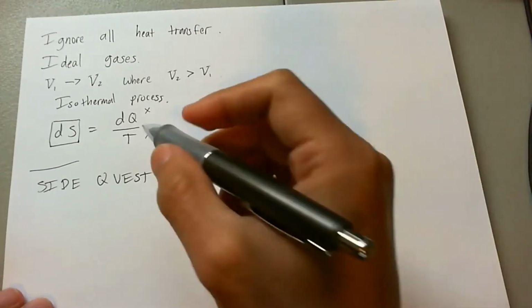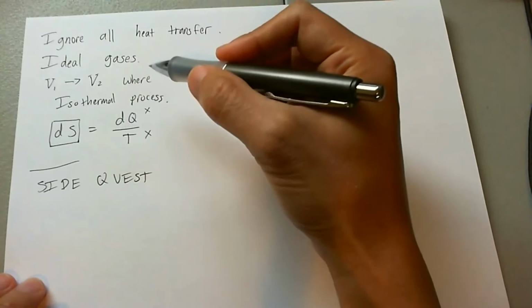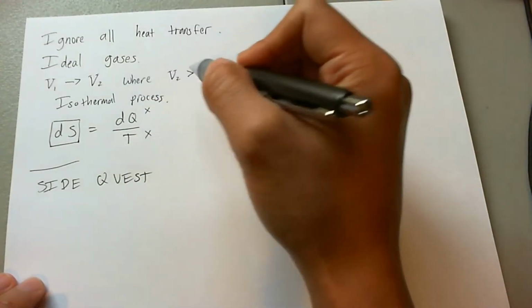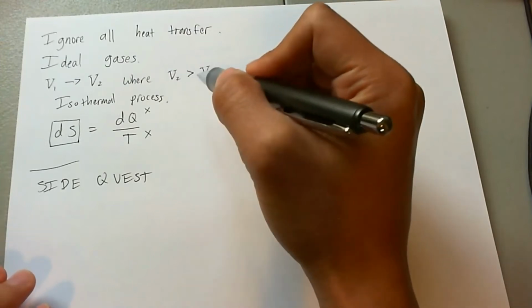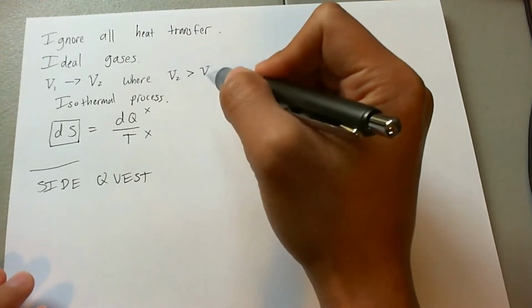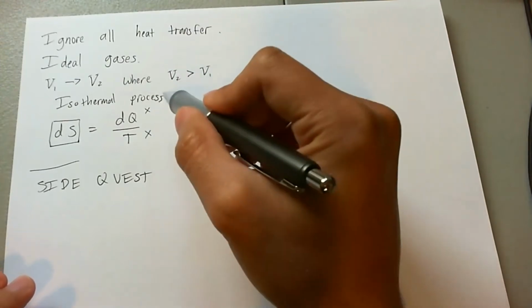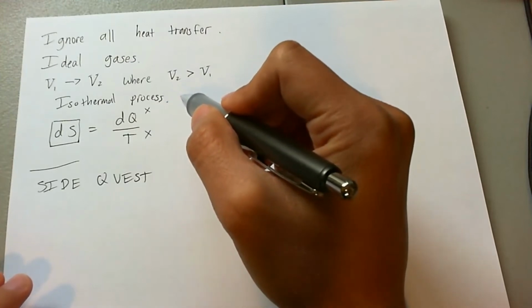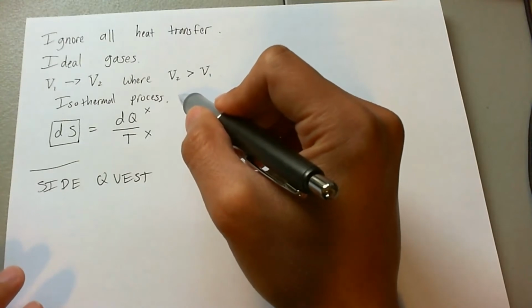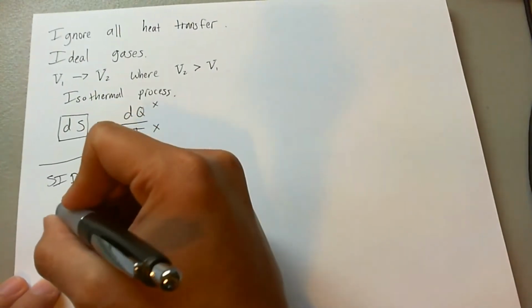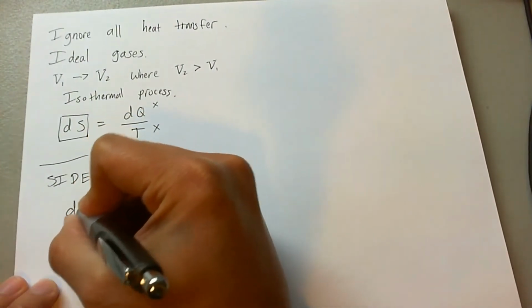Okay, I'm seeing dQ, I'm seeing the word isothermal process, I see expansion with V's, and I'm thinking V is a work thing. I mean, there's a work function that has V's in it. It's isothermal, which means that the change in temperature is zero, so the change in internal energy is zero. Automatically, I'm just thinking of this equation right here.